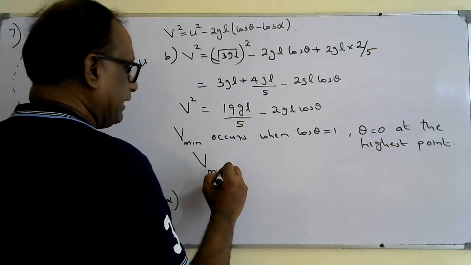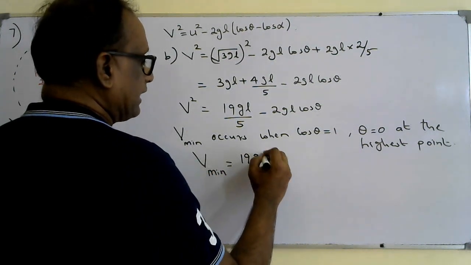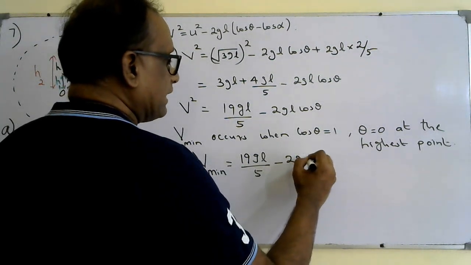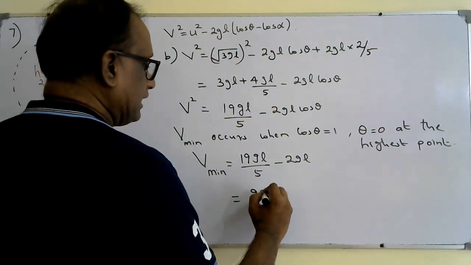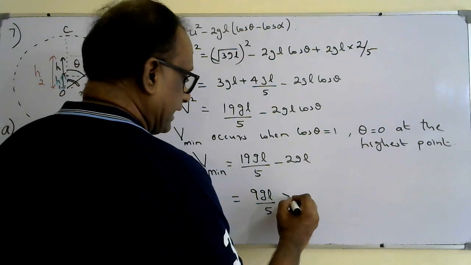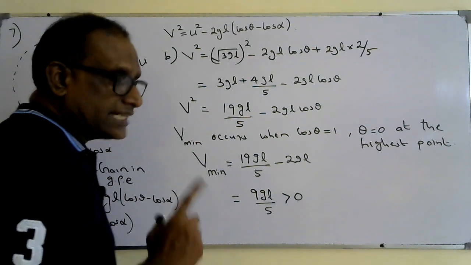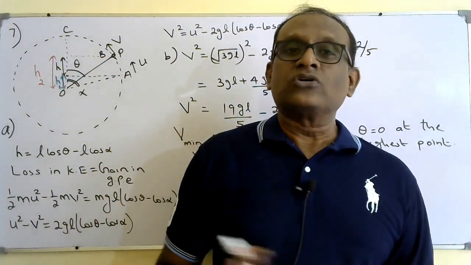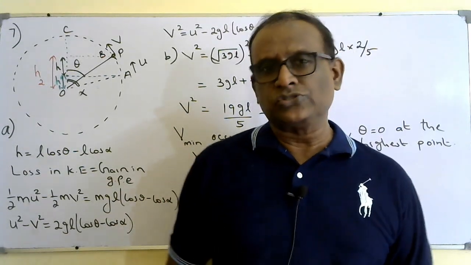At the highest point, it is 19gl over 5 minus 2gl, that is cos theta equals 1. So it's going to be 9gl over 5, which is greater than 0. So since the minimum speed at the highest point is greater than 0, it never becomes 0 at any point. It will continue a circular motion. That's the answer you should give.